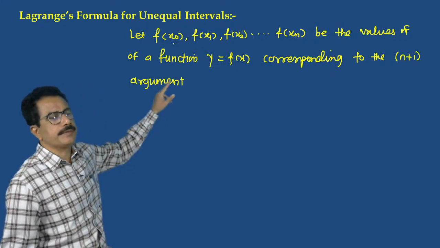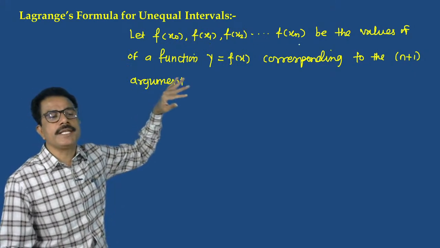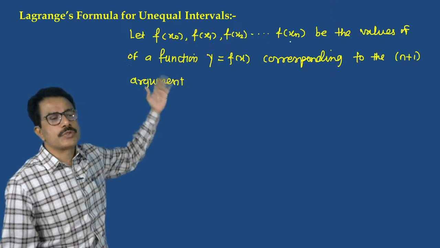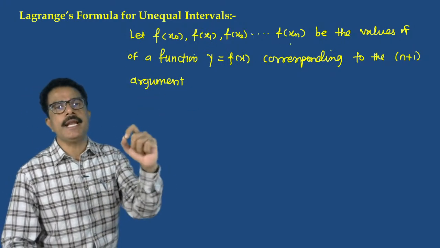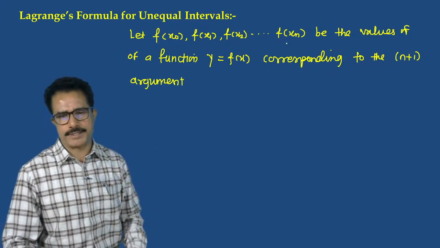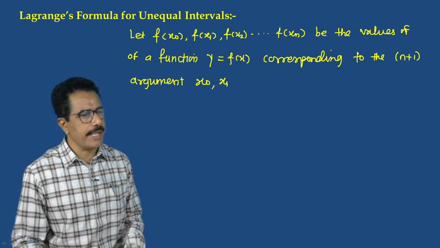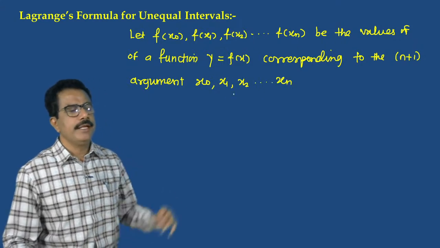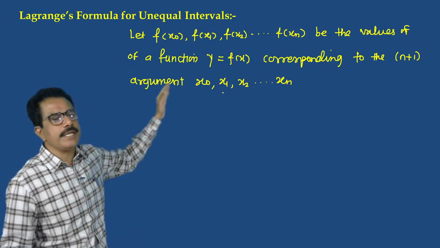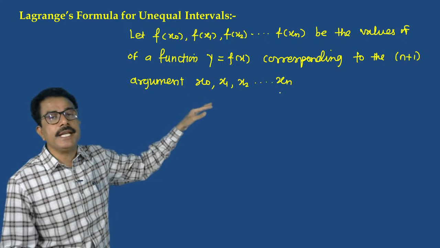Actually, the first argument is x0, the last argument is xn. So from x0 to xn there are a total of n plus 1 arguments: x0, x1, x2, dot dot dot xn. Here x1, x2, x3, dot dot xn are the n arguments.